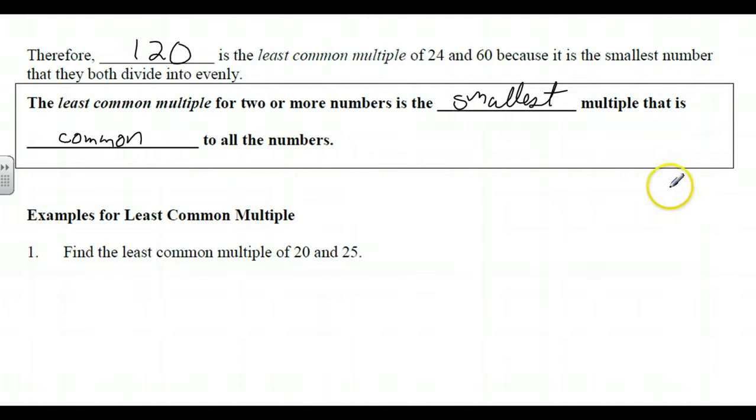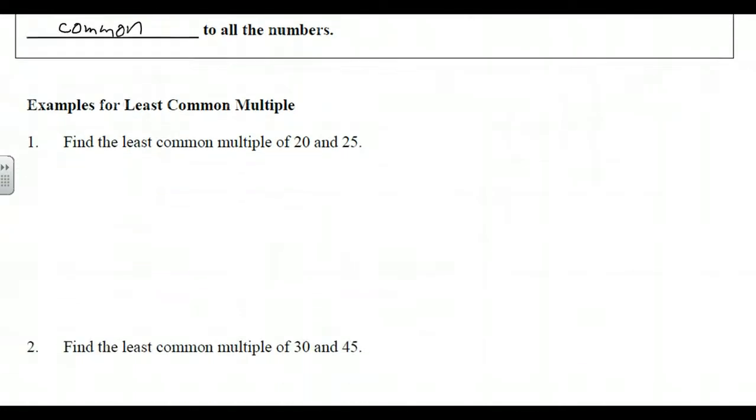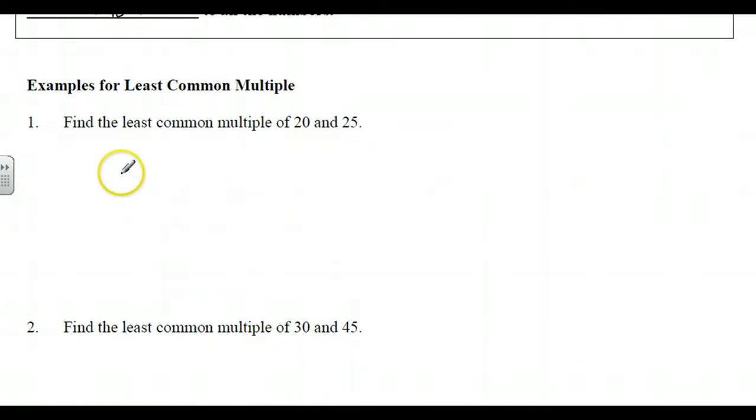But there's another way. A more systematic, now that I've got the word. So we could just start writing down numbers, right? We could go 20, 40, 60. No, wait a sec. I said start with the big number. So let's go 25, 50, and say, is it divisible by 20? No. 75. Nope. 100.